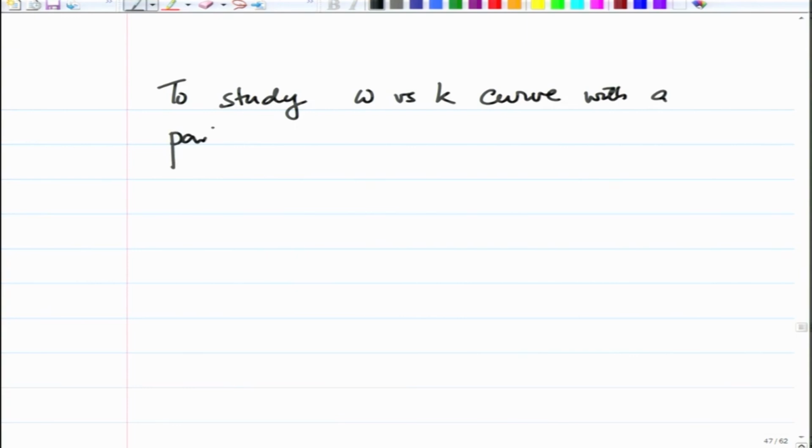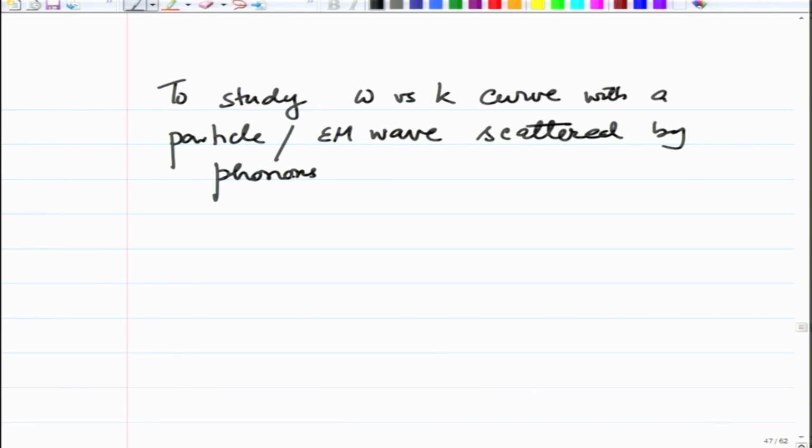So, to study the omega versus k curve with a particle or EM wave scattered by phonons. You see, I am already using this language. These vibrations I am now going to call phonons. So, these phonons are scattering this wave.